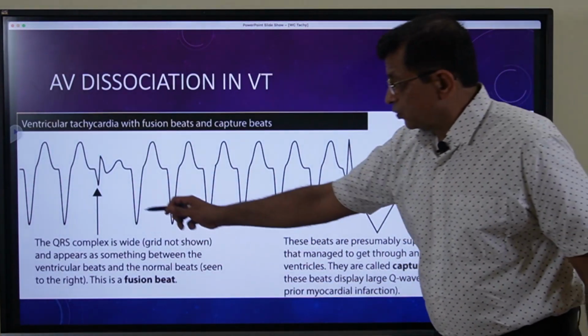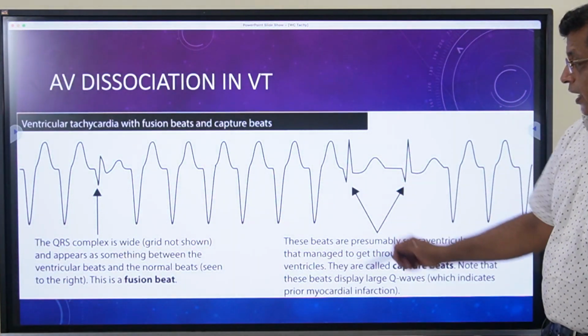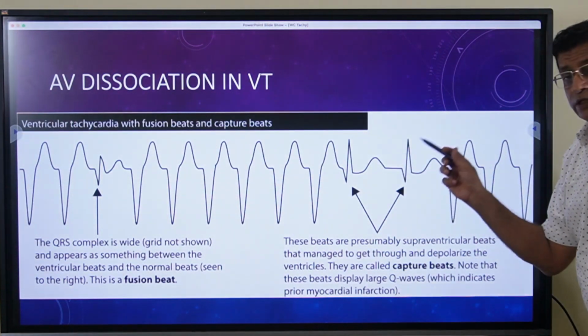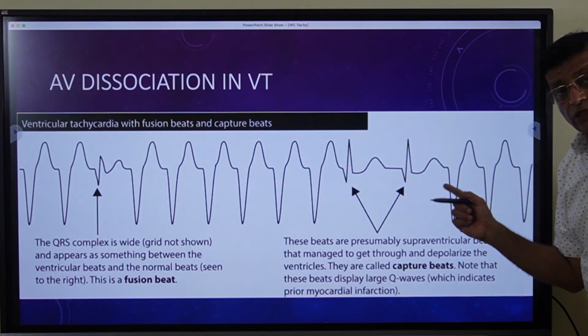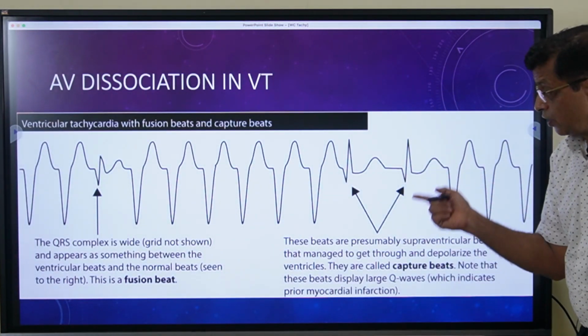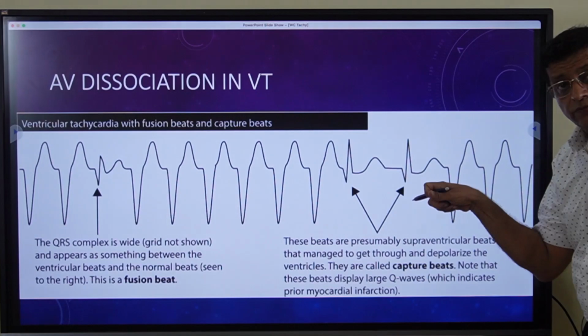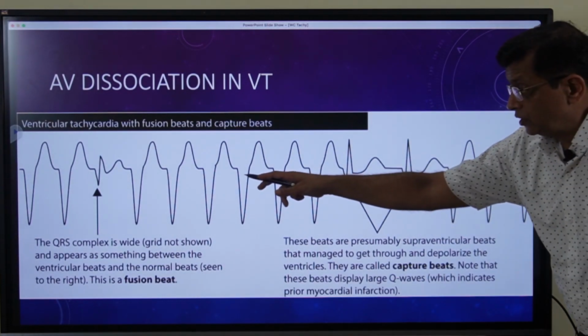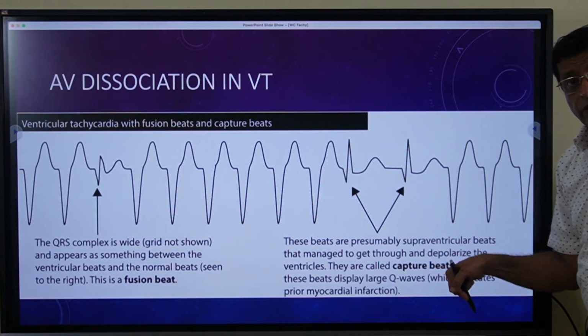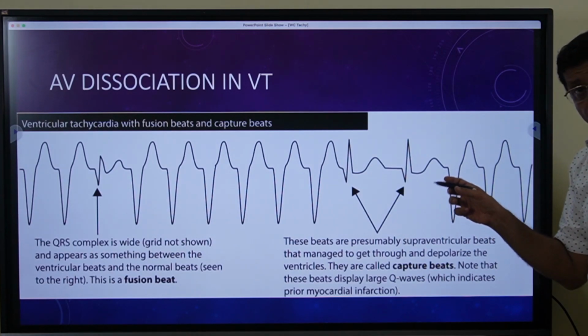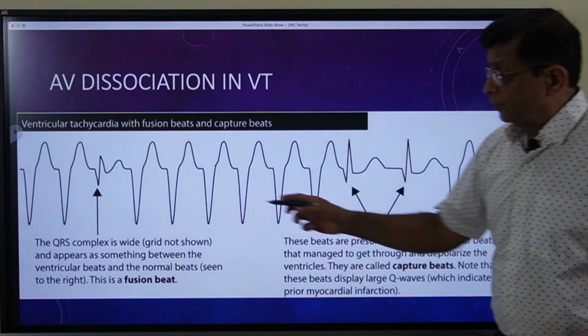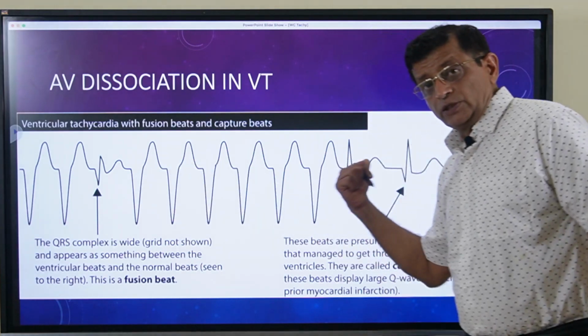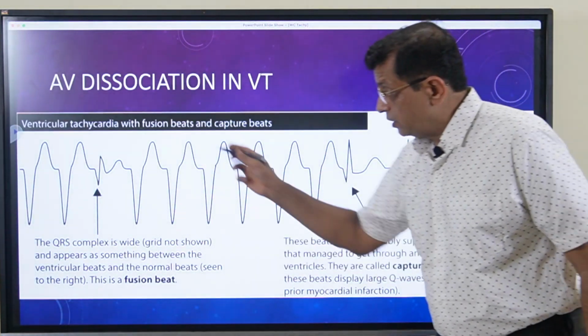Now see, this is a wide complex tachycardia, and here you see 2 narrow complexes coming. So these are the supraventricular complexes which have managed to depolarize the ventricles. In between, these have managed to capture the ventricles. That's why these are called capture beats. And sometimes ventricles are depolarized partly by the supraventricular impulse and partly by the ventricular impulse.